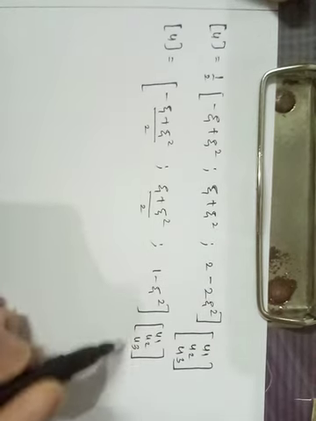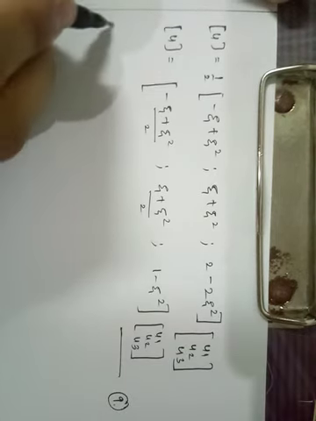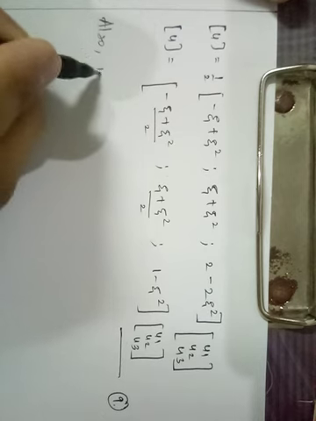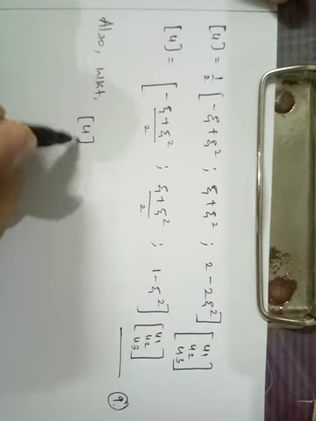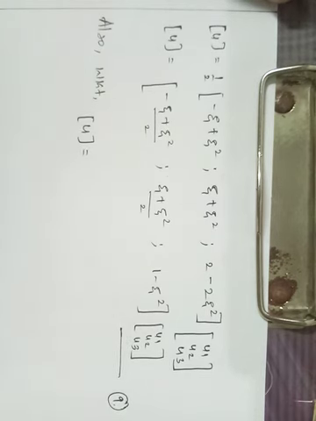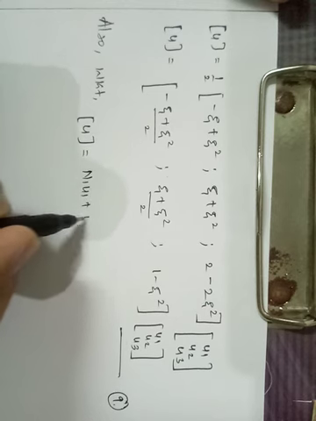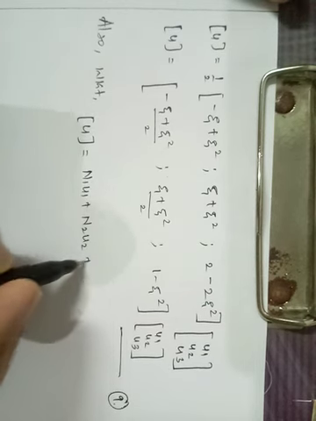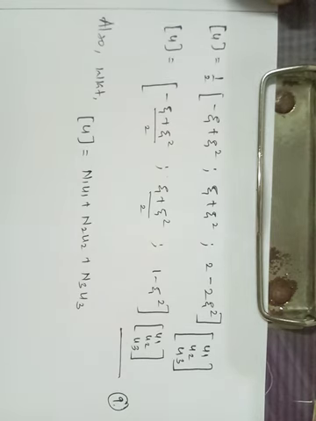Right, so this equation I'll take as equation number 9. Also we know that, in the shape function class, that is in the previous video, I have shown you that u is equal to n1 u1 plus n2 u2 plus n3 u3 for a quadratic element.